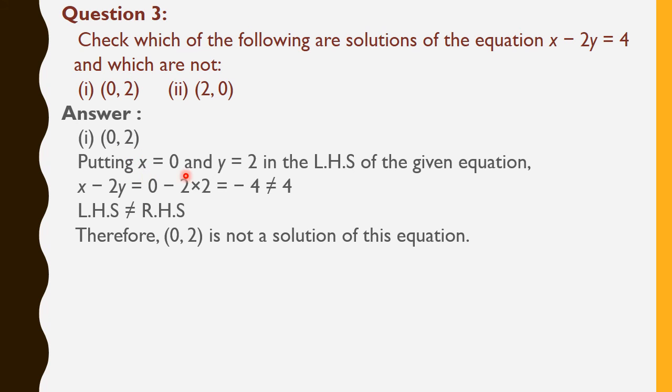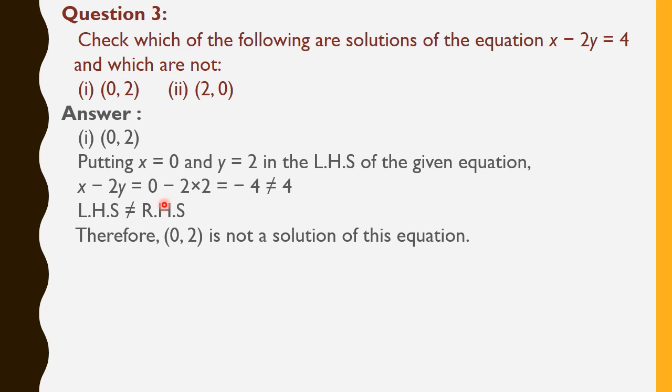So we'll put x equals 0 and y equals 2 in the left hand side of the given equation. If we get a value equal to the right hand side, that is 4, then we can say it satisfies the equation, and if it is not equal to 4, we'll say that it is not a solution.